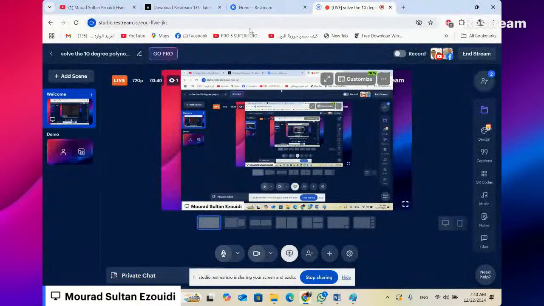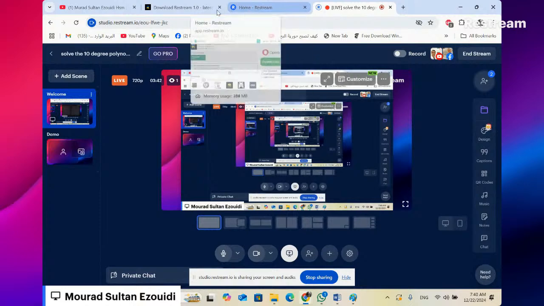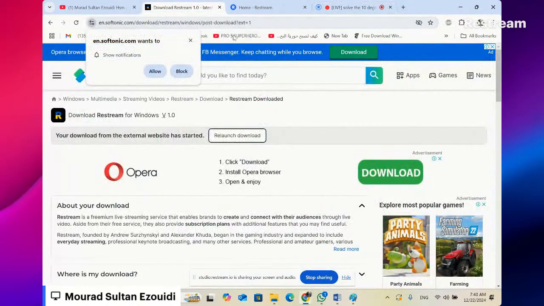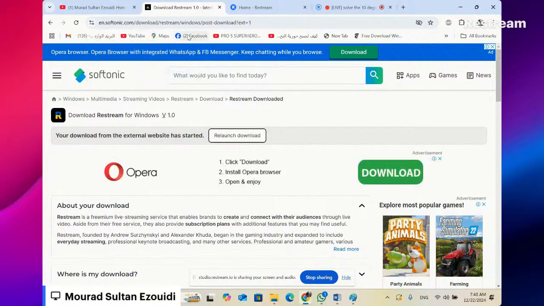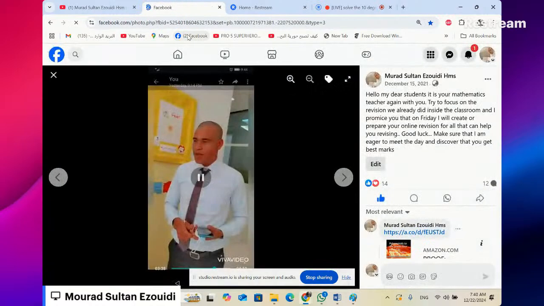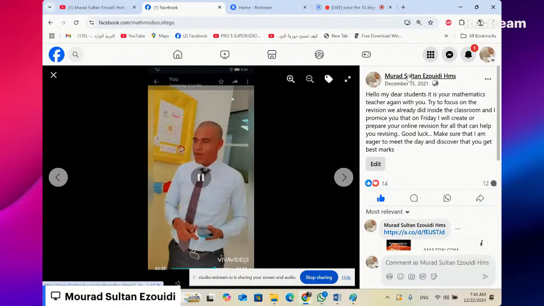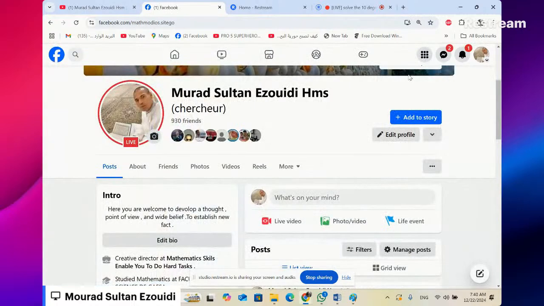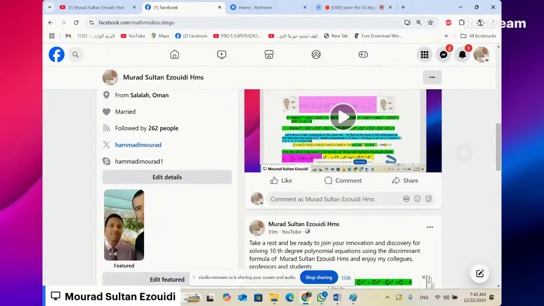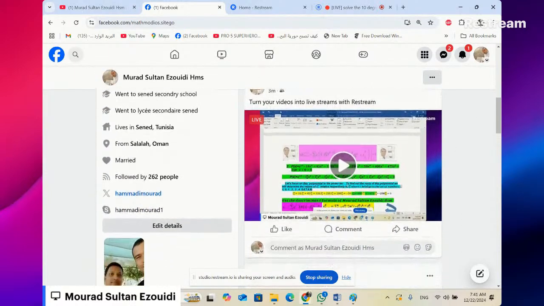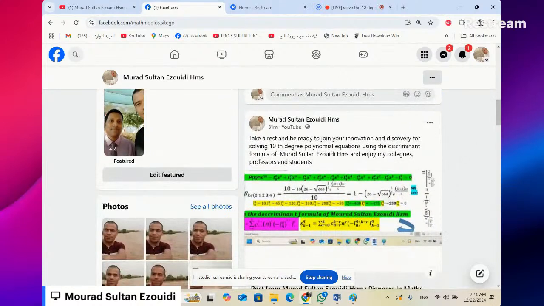Okay, this is my screen. This is the problem that I want you to solve using, of course, the discrete formula of Mr. Mourad Sultan Ezouidi, which is this.